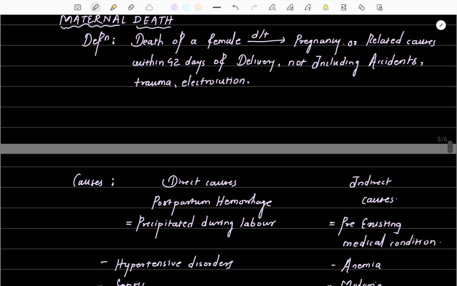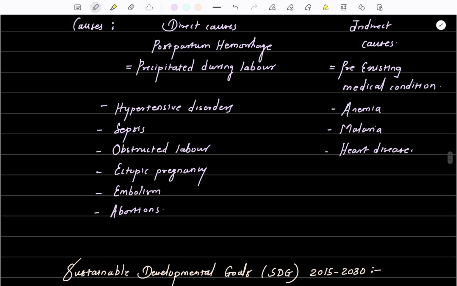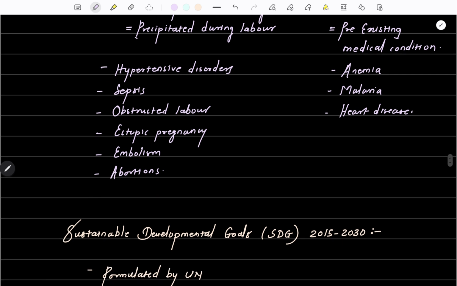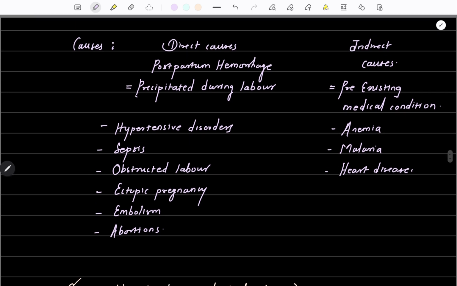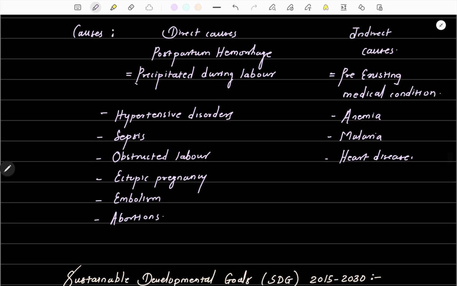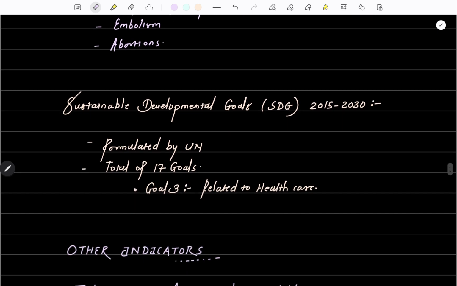This is known as maternal death. There are two types of causes, direct and indirect. Direct includes postpartum hemorrhage, that is precipitated during labor, hypertensive disorder, sepsis, obstructed labor, ectopic pregnancy, embolism, and abortions. Indirect causes are pre-existing medical conditions, that is anemia, malaria, heart diseases.